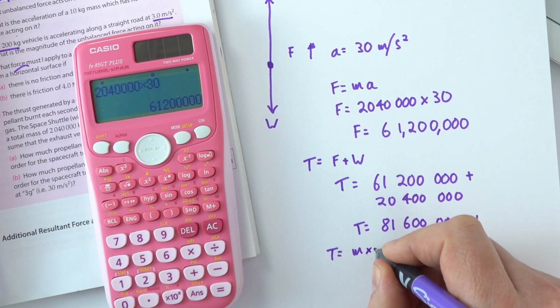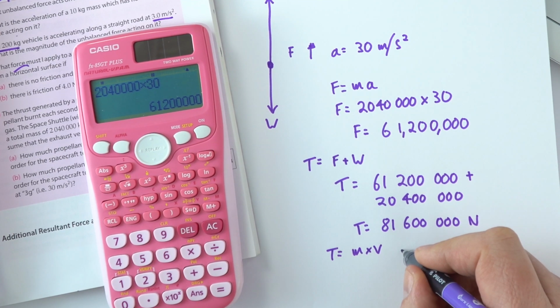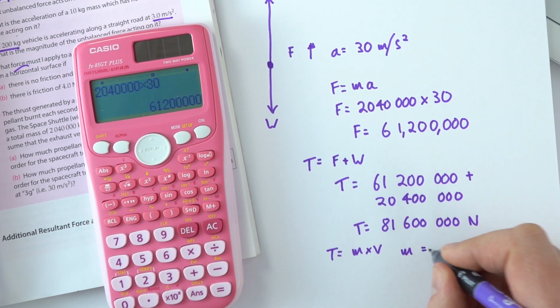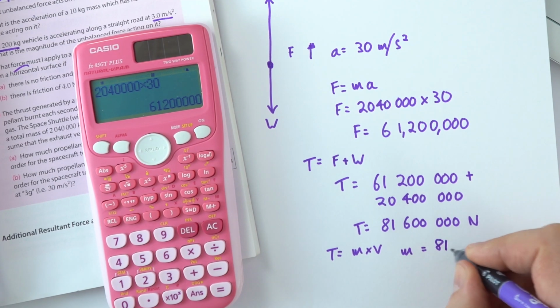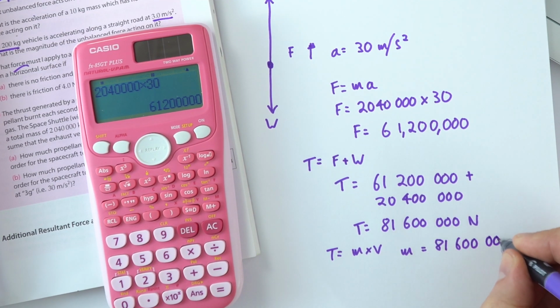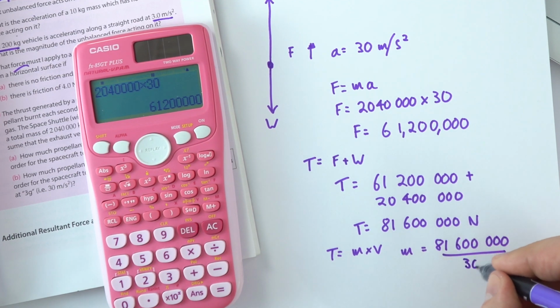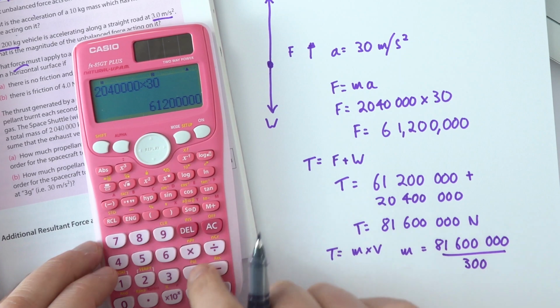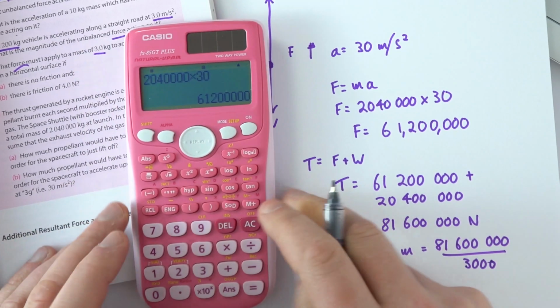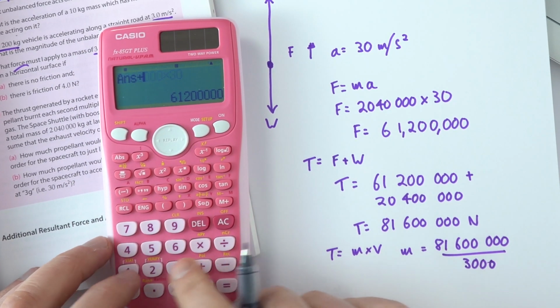Now again, we know that the thrust is going to be equal to the mass of propellant burnt off multiplied by the velocity of that gas. So that means the mass of propellant burnt each second is going to be 81,600,000 newtons divided by 3,000. So I'm just going to, on my calculator, work this out.